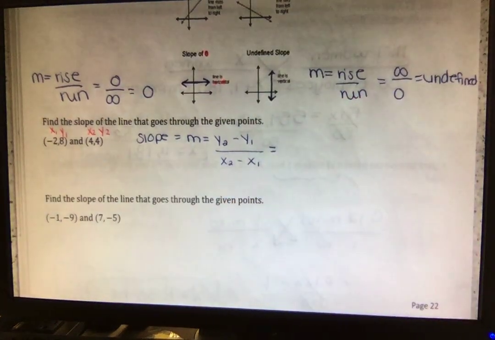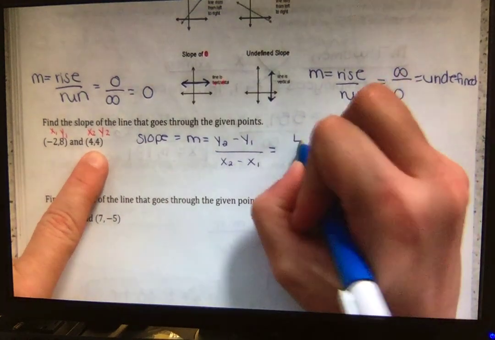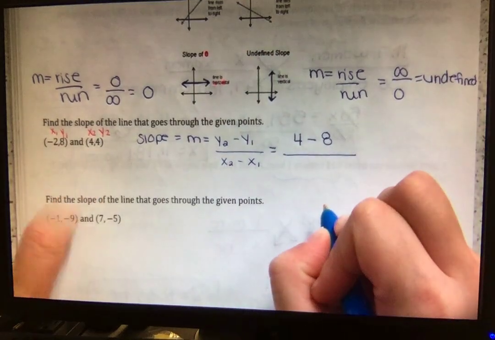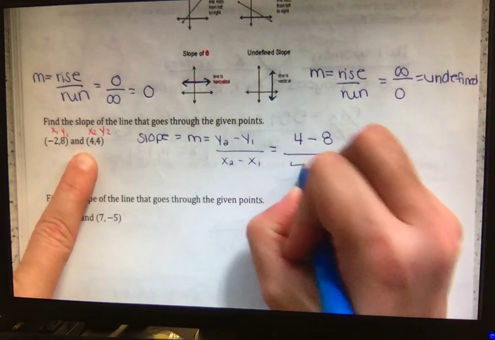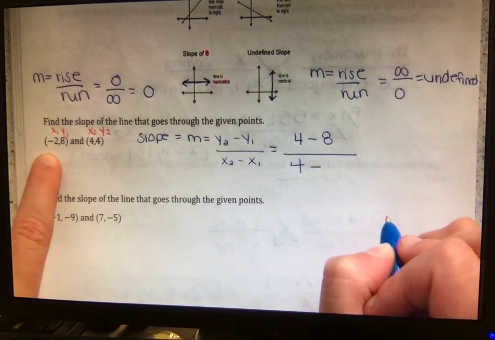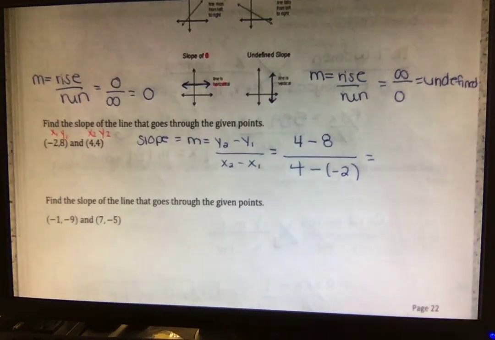Help me out. What's our y2 value? 4 minus y1. 8, thank you, all over x2. 4, thanks. Minus x1, negative -2, perfect. Those two negatives, what happens?